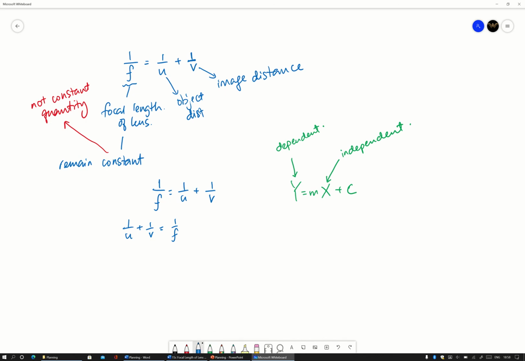So 1 over v is a dependent variable. We keep it on the left side. And so 1 over u is the independent. We shift it to the right. And minus 1 over u is actually minus 1 times 1 over u.